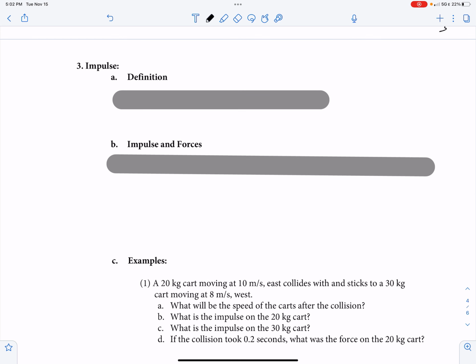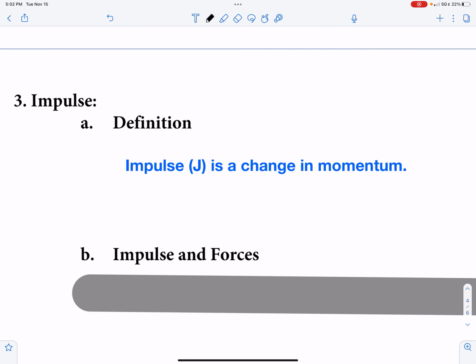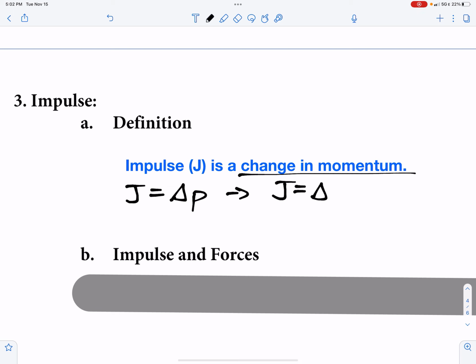Part 3. Impulse. Well, we could define an impulse as a change in momentum, and the variable for impulse is going to be a J. Now, the equation we can use for it is, well, it's a change in momentum, delta p. But we could rearrange this a couple different ways, and we could write this as change in mv.